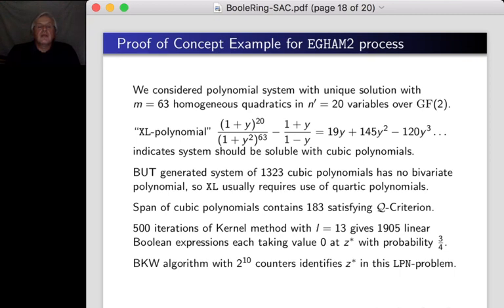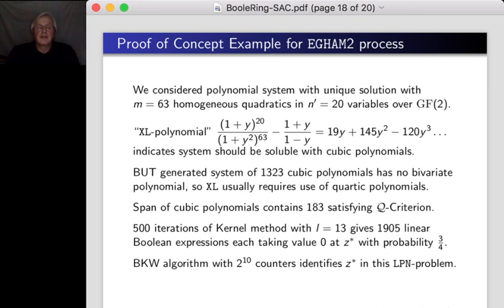If we then use the kernel method to try and find partial matrices of rank 2 in the span of these polynomials satisfying the Q-Criterion, we did it with L equals 13, and in this case we got 1905 Boolean expressions, each taking the value 0 at z star with probability 3/4. And from this we were able to use the BKW algorithm.